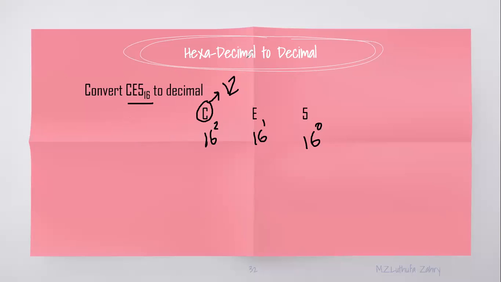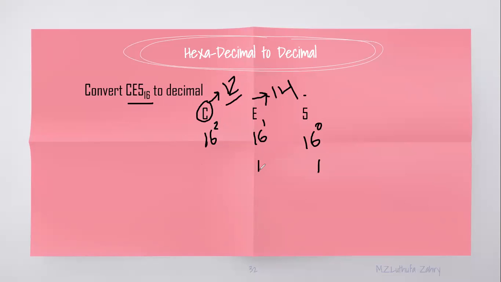And this E is 14. Now it's clear, right? When you saw C and E, you got confused, but now it's 12 and 14. So you can do it.